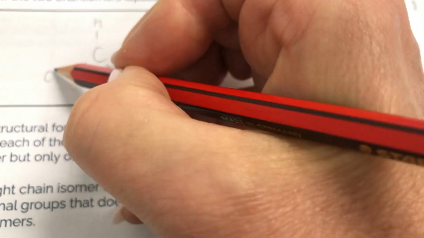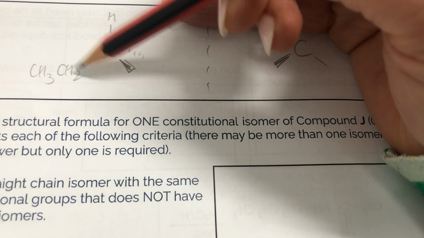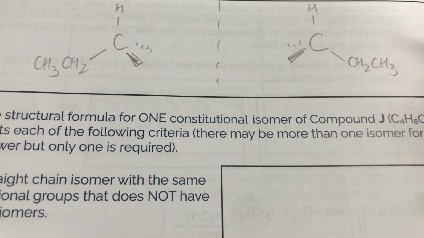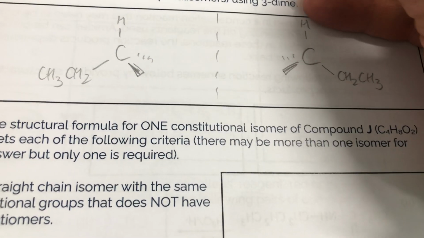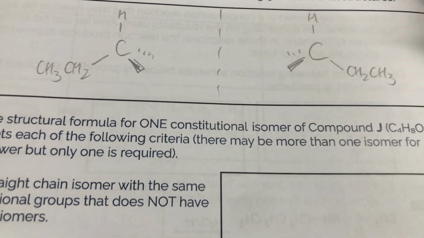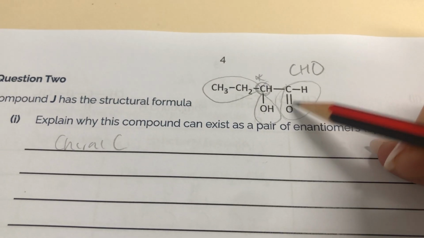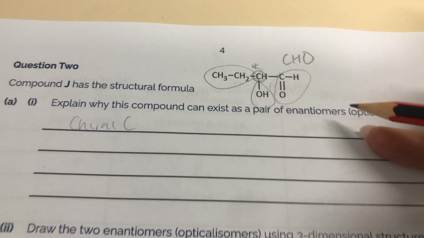Same one here, CH2, CH3, so quite a few of you put the CH3 and then the CH2. That can't happen. Try and draw it out. It doesn't work. And this needs to be a CHO, not a COH. Sorry, you couldn't see that. This needs to be a CHO, not a COH.